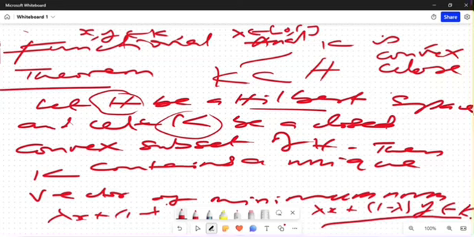And if a set is closed, it contains all of its limit points. So K is convex, meaning this condition is satisfied, and K is closed also. Closed subset of H means that K contains all of its limit points. Then the following consequence will follow: K contains a unique vector of minimum norm.